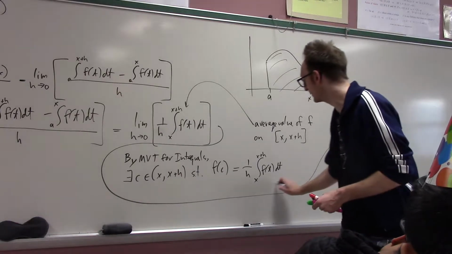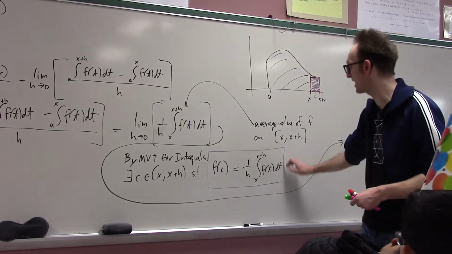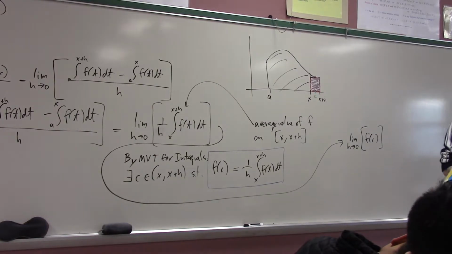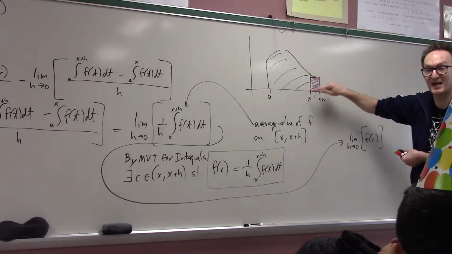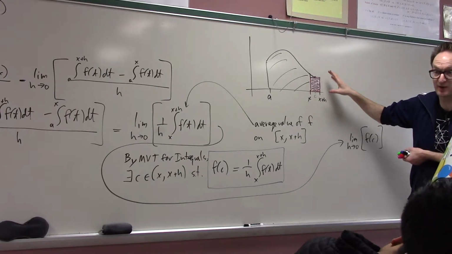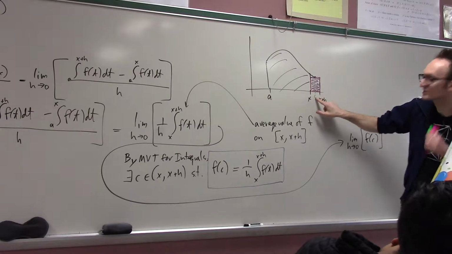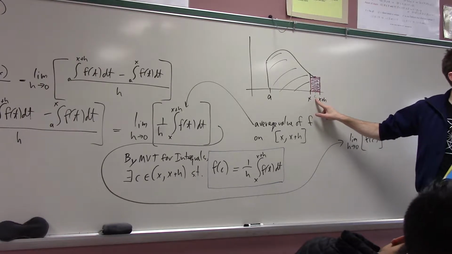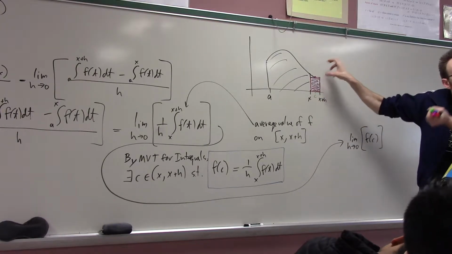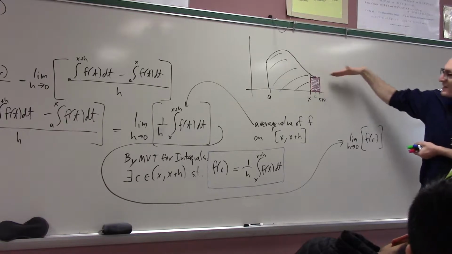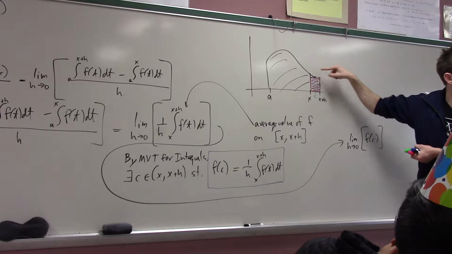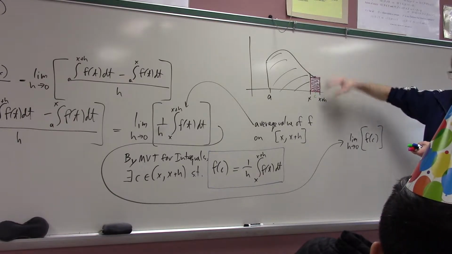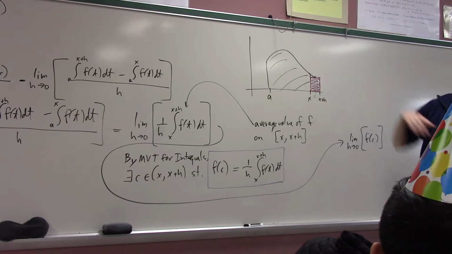What the mean value theorem for integrals does is formalize this final step. It says that on this little tiny interval from x to x plus h, which is not actually a rectangle but is curvy, there exists a special representative point c which captures that function on that interval, in that the value of f at c is a height for which the area of that rectangle is the same as the area under that curve.